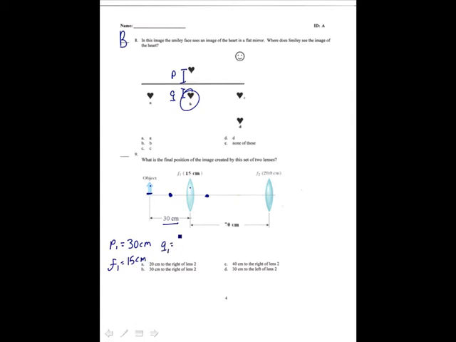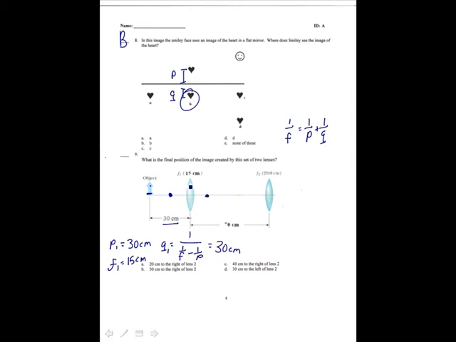And Q1 is equal, using the lens equation, 1 over F equals 1 over P plus 1 over Q. If I solve that for Q, it's 1 over F minus 1 over P. And putting in these values for F and P, I find that Q1 is equal to 30 centimeters.